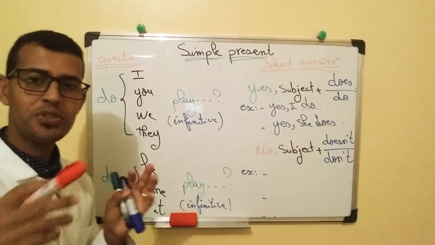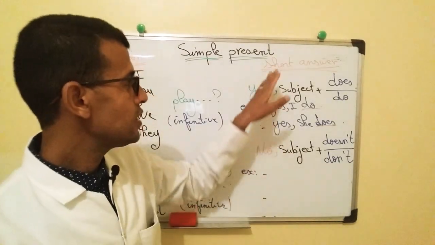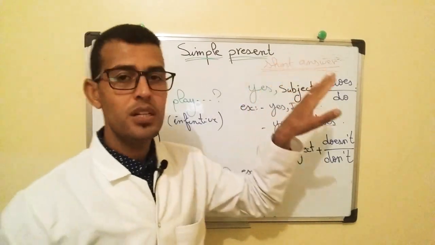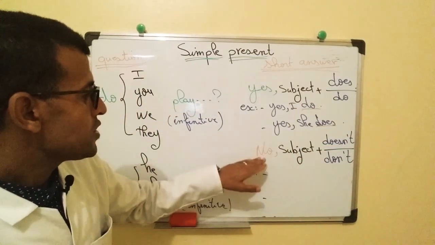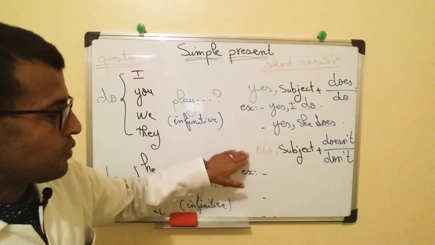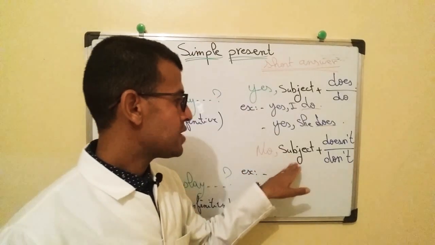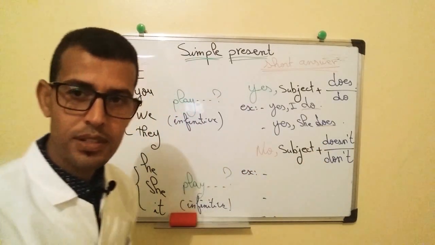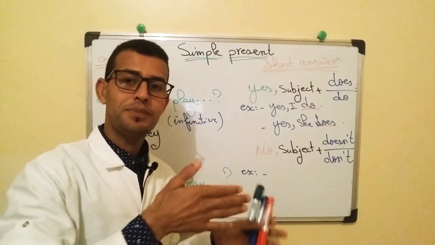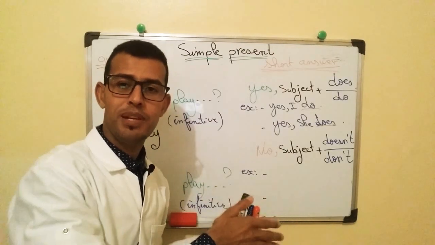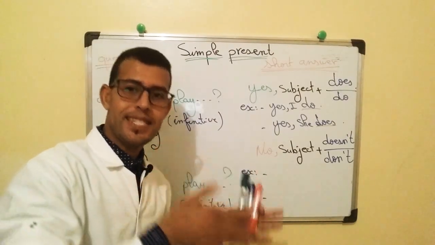Great. So this is for the answer yes, because here we are talking about the short answer to a yes or no question. For no, we use no plus subject plus doesn't or don't, the negative form. We have seen the negative form last session: I don't play football, or she doesn't play football.